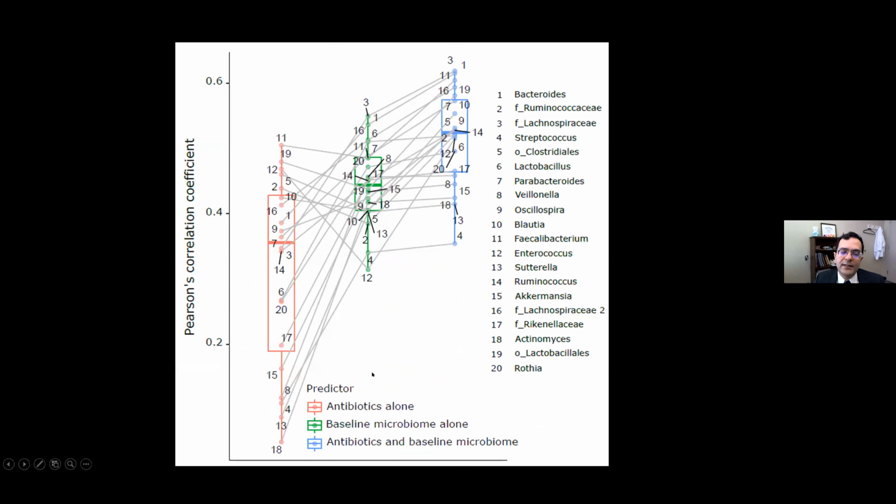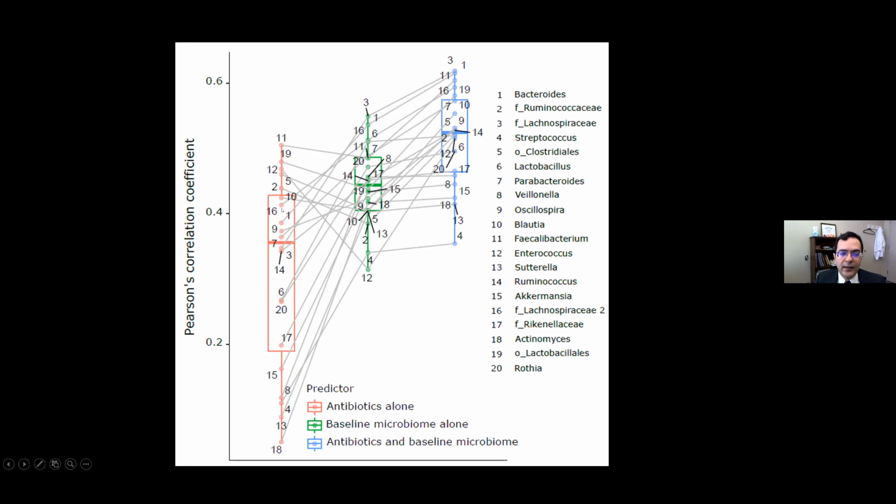But then look at how the antibiotic exposure history of each sample, shown in red, contributes to the sample's microbiome, and compare it to how the baseline microbiome from that patient contributes to the microbiome in subsequent samples, and how both of these factors together predict the microbiome in subsequent samples.